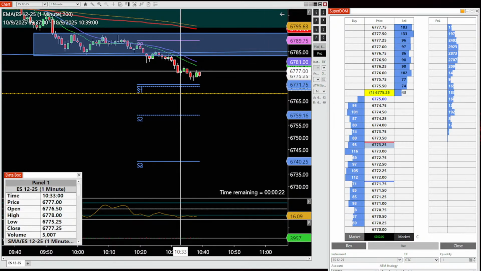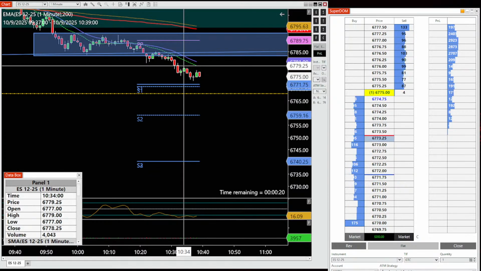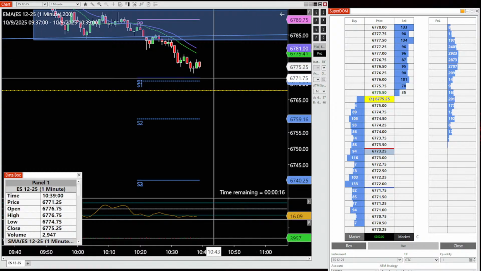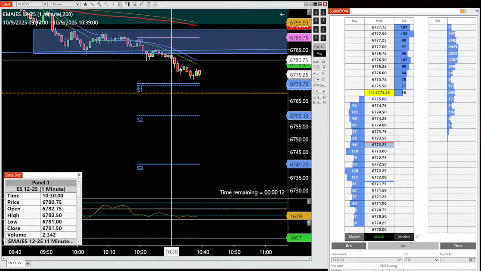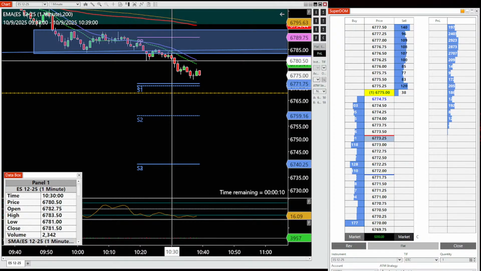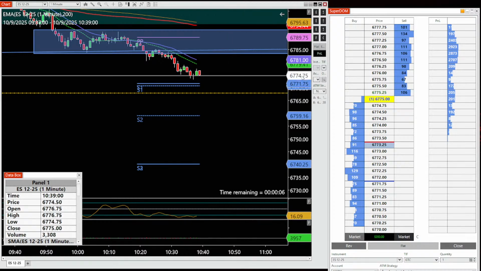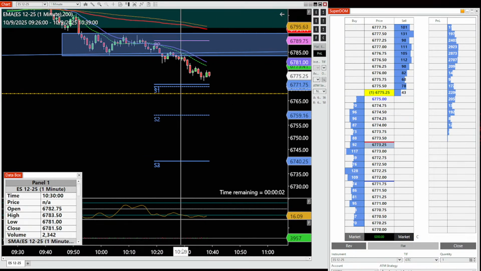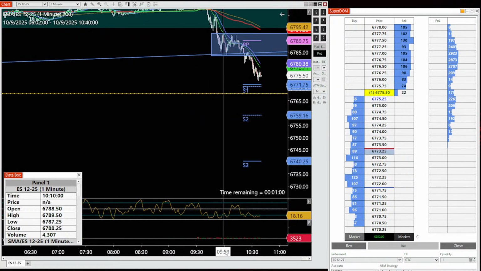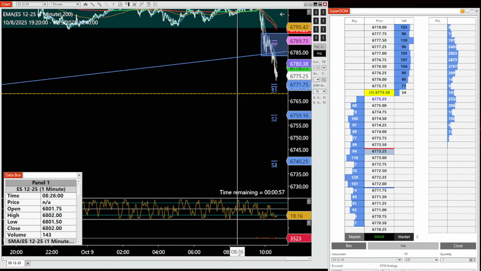Like this low is 75.25, and that's 79. It's a 4-point move. So it just went down.